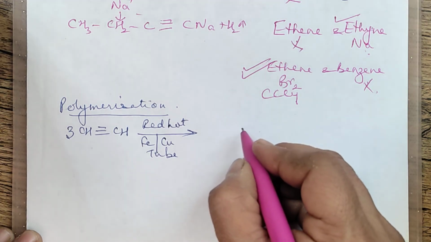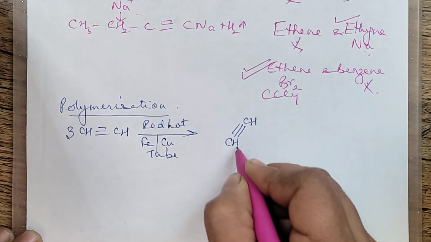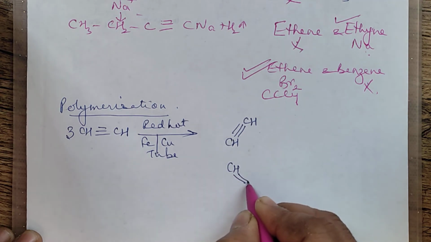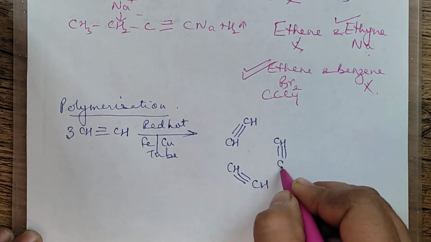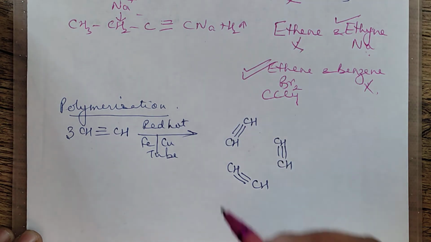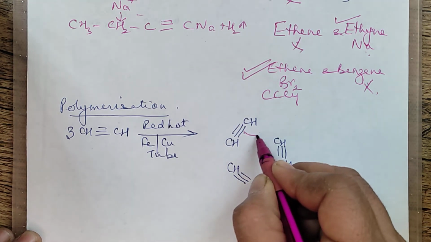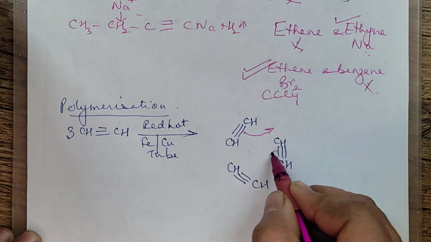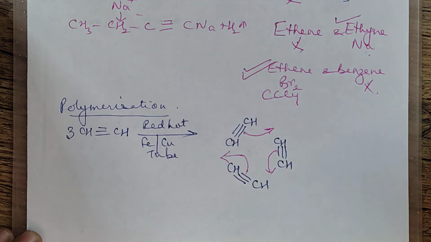So what exactly happens is, let me write down 3 ethynes in this manner. The second one, and let me write the third one here. So when they are undergoing polymerization, one of the pi bonds from here shifts this side, another pi bond this side, this pi bond shifts this side. So let us write now the final product.